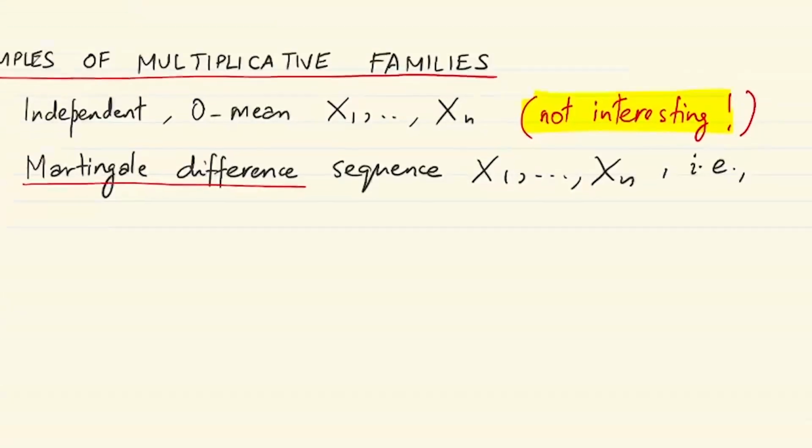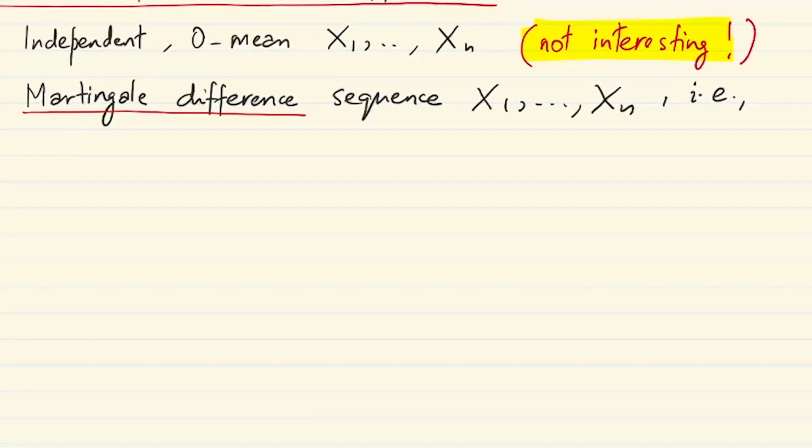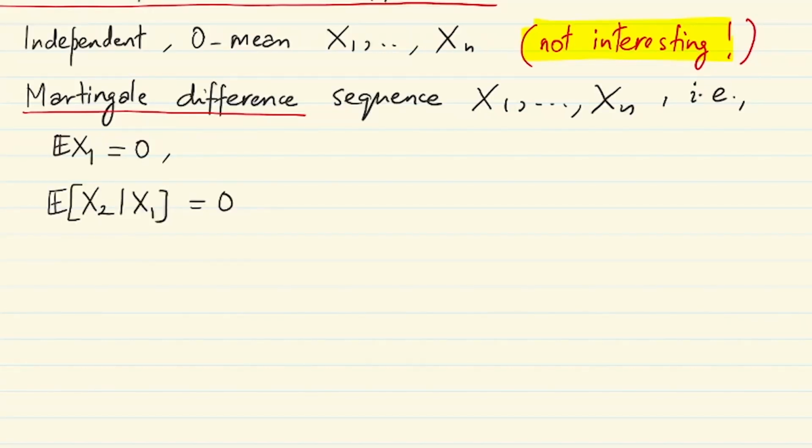In order to define this, let's consider random variables X1 through Xn with the following properties. All of them have finite mean, and let's say the expected value of X1 is 0, the first one has zero expectation. The second one given the first has zero expectation, as a random variable, almost surely.